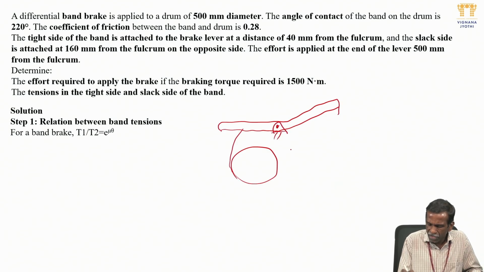One end of the band is attached to the lever here, and the other end of the band is attached to the lever arm here. This is the fulcrum, the fixed frame point. Now here also, this is rotating in the clockwise direction. Then tension T1 becomes this one, if your drum is rotating in the clockwise direction.